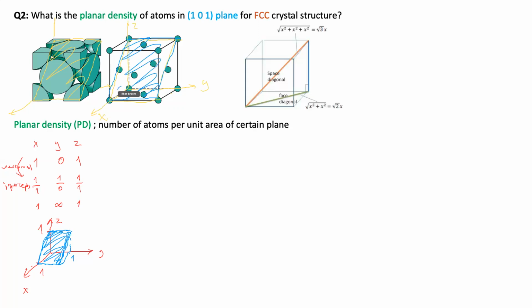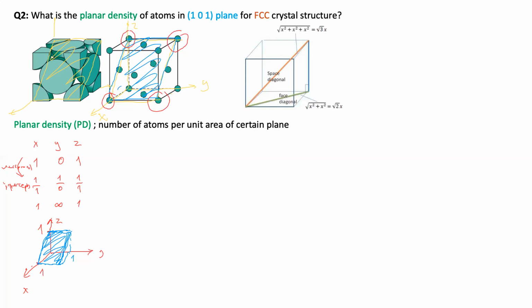Okay, now let's try to find which atoms are in the plane. We will start with the atoms at the corners. So this one, this one, this one, and this one are in the plane, but not as a whole atom.